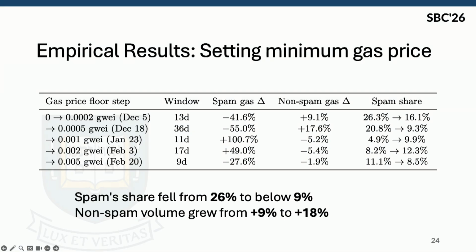For example, this is what Base does, as I mentioned earlier in the talk. They increased their minimum gas price across multiple steps in December last year. After they took this measure, the spam share fell from around 26% to below 9%, while the non-spam gas volume remained approximately unchanged.